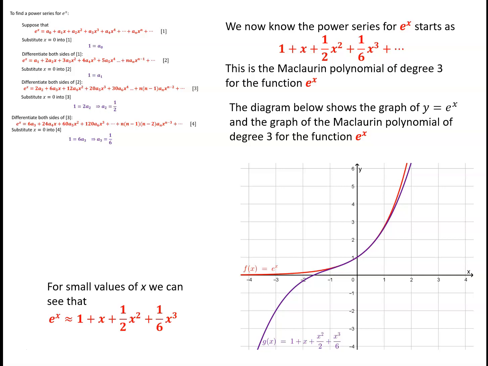In other words, we can say that for small values of x, e^x is very close to 1 + x + a half x² + a sixth x³.